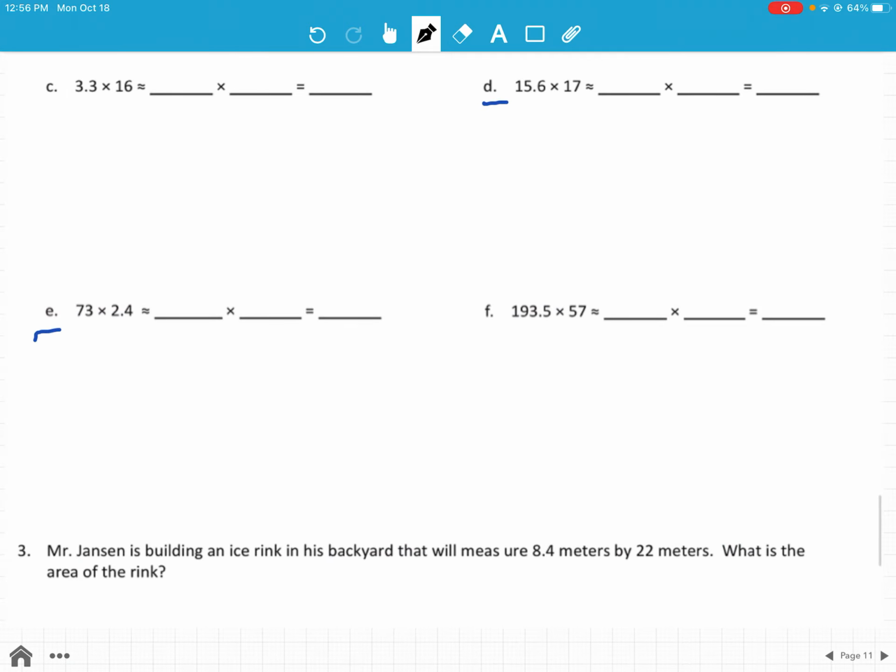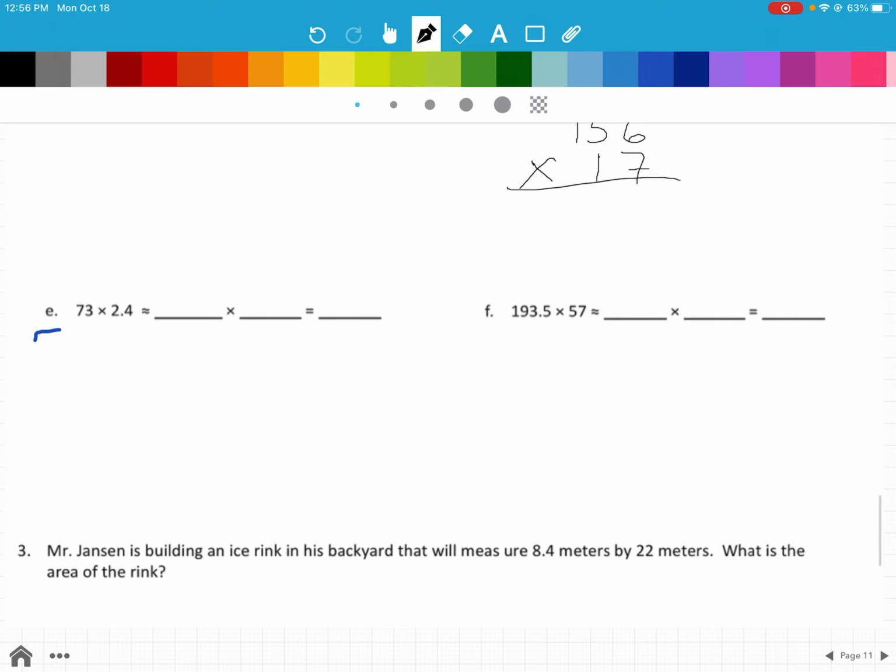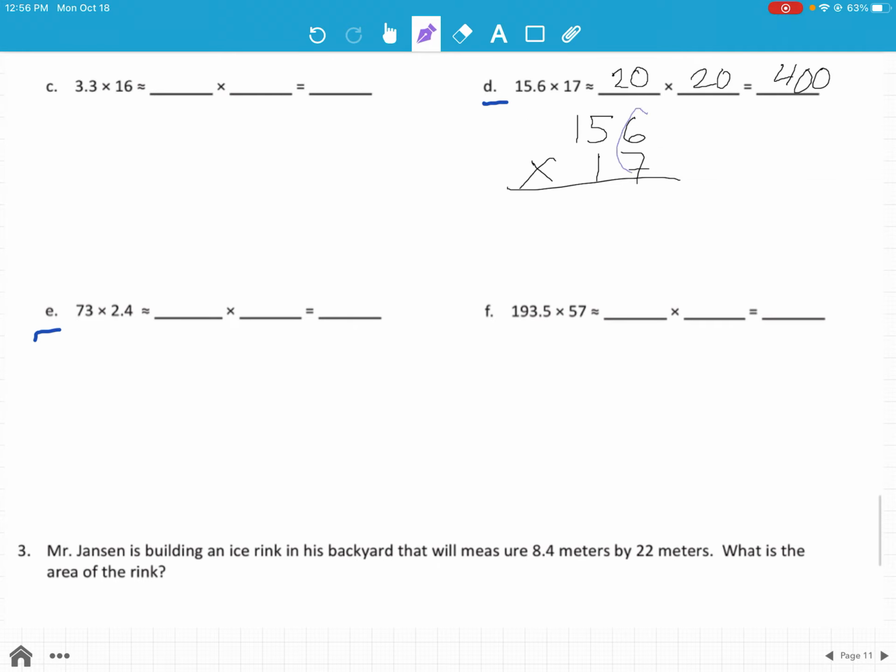All right, and then again, you do the same thing here. Here on this one, we did something similar to this in class. We can round this to 20 and this to 20, and that's going to give me 400. All right, so now I'm going to set it up times 17. Six times 7 is 42.